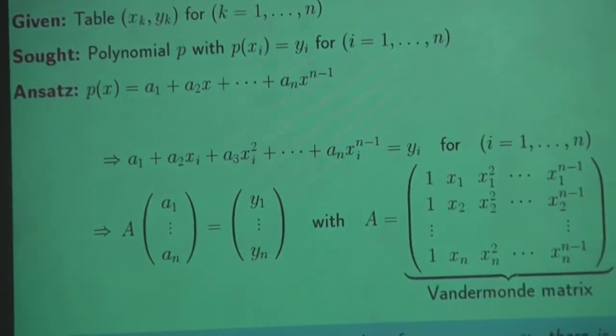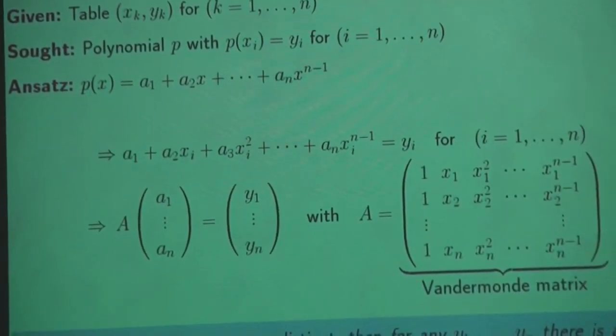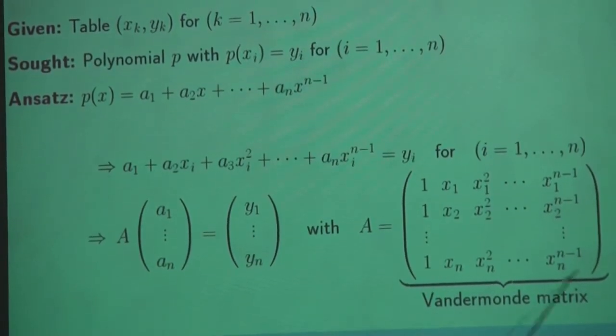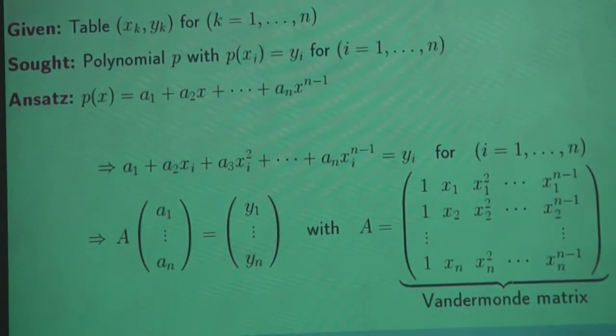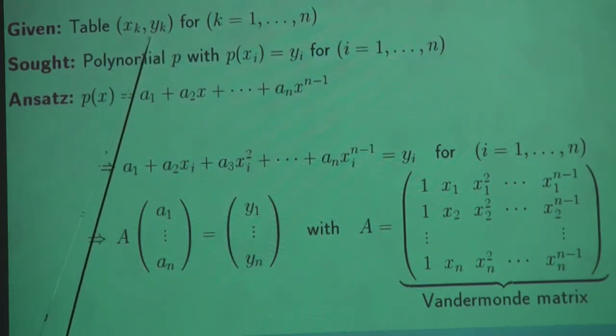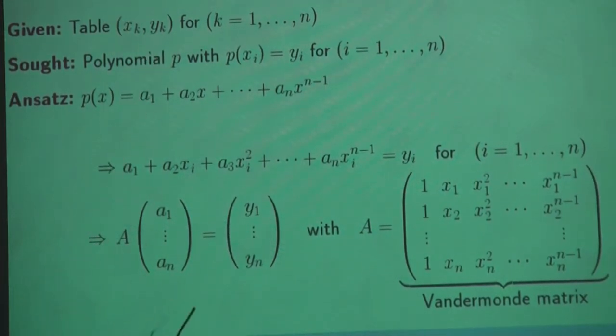They are the data points that are given. Okay? So given our data points, what you have to do is you fill up this Vandermonde matrix and you fill up the right-hand side vector with these yi's, and now you have this linear system. And the task is to solve this linear system for this vector a.